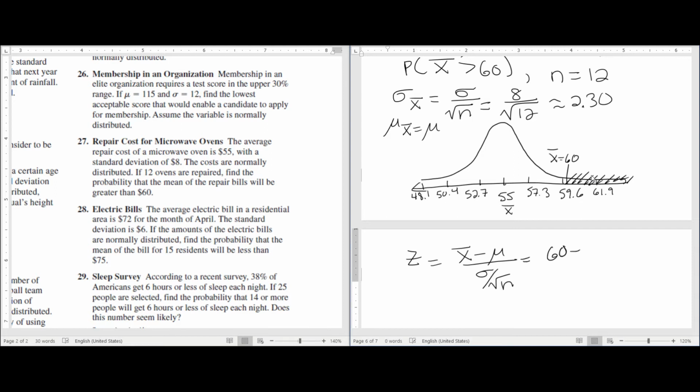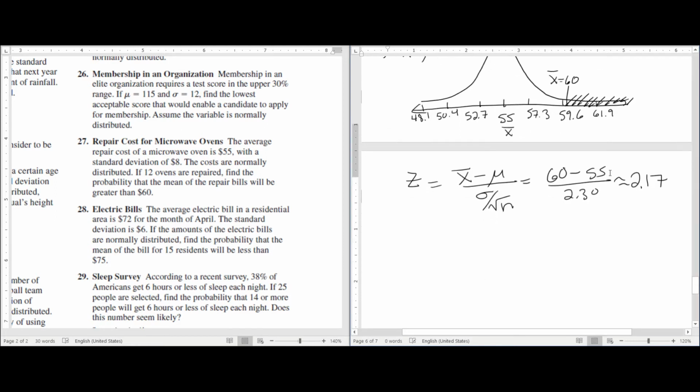So we have 60 minus the mu, which is 55, divided by 2.30, just about. So I get about 2.17 for my z.